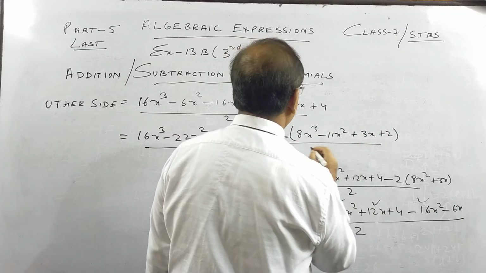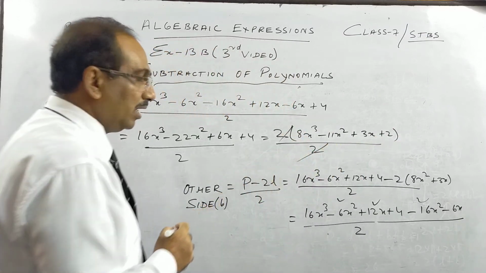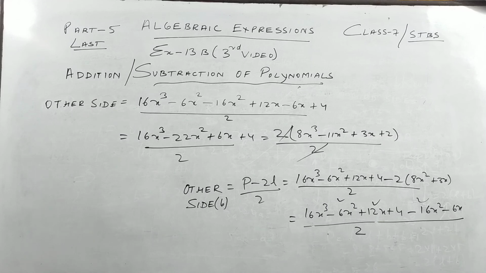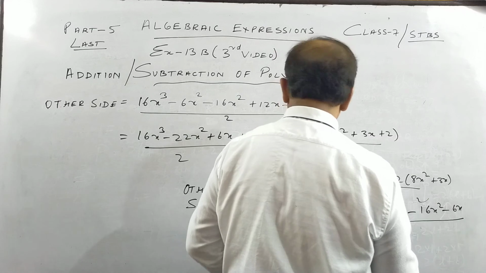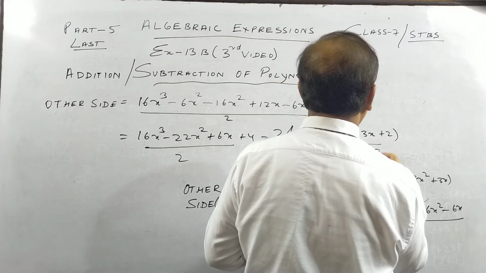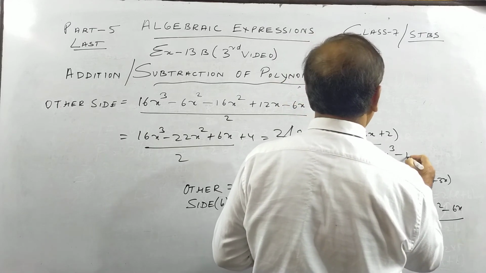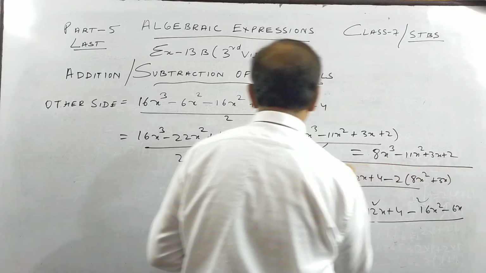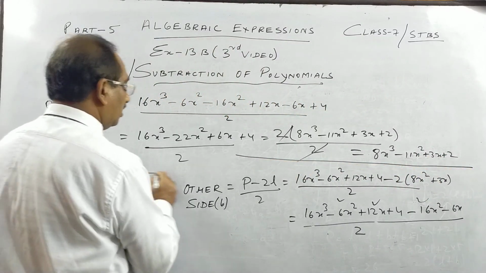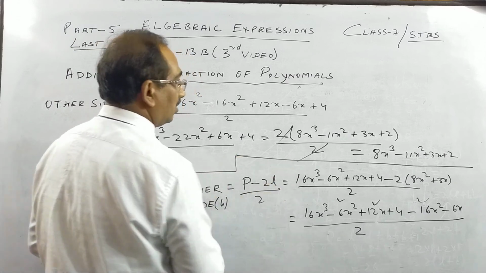So down this 2 you have, 2 will cancel. So finally you will get 8x cube minus 11x square plus 3x plus 2. So my final answer, children, is 8x cube minus 11x square plus 3x plus 2. So this is my final answer over here.